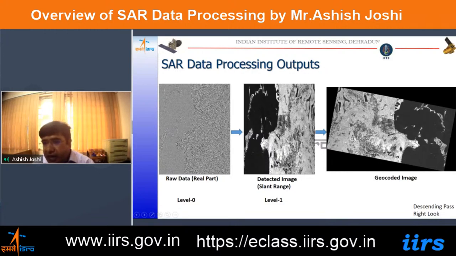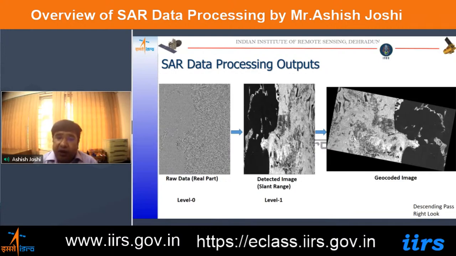Now you can see every pixel is projected to the earth, so it is called the geocoded image. The image is rotated because the SAR is on a descending pass and is right looking, so it has some sweeping in the horizontal direction. This is the whole SAR data processing technique that we have used in processing the SAR data.